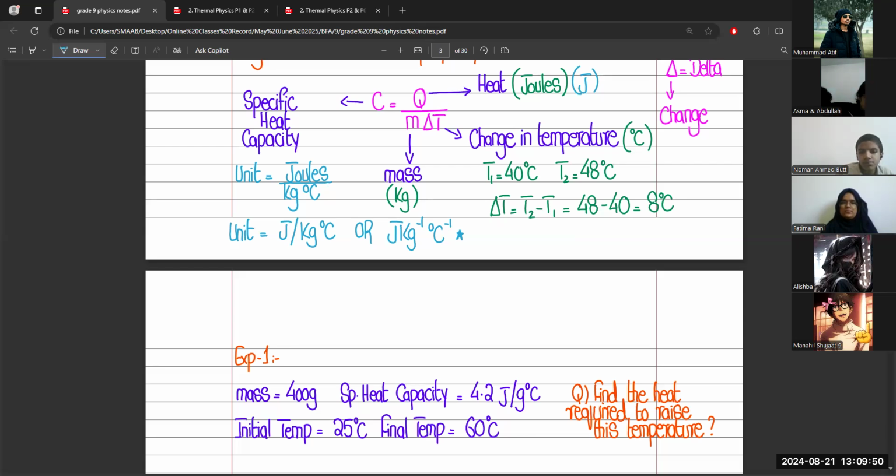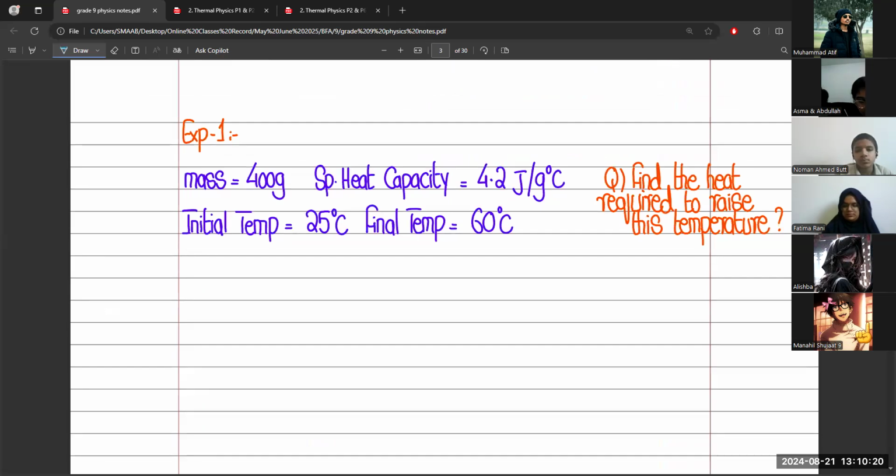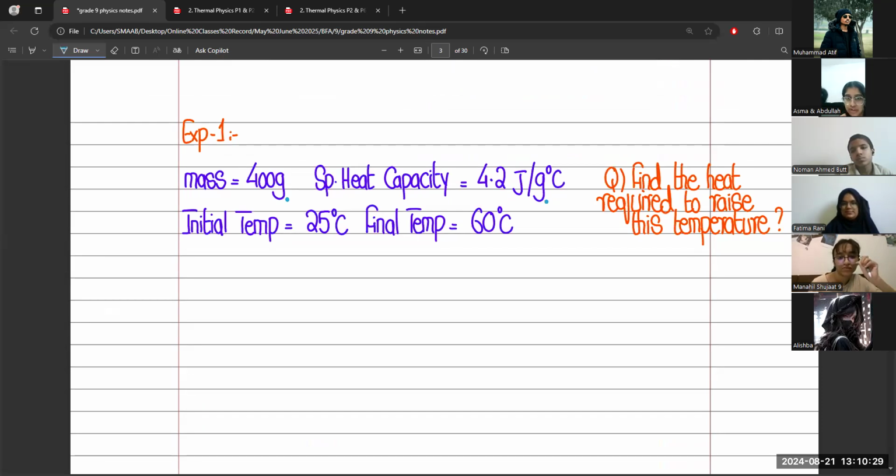Okay, maybe you got confused in one thing, that we used to write kg in our formula for mass, but in example one, mass is given in grams, right? So if the mass in your question is given in grams, and the unit of specific heat capacity is also in grams, this is gram, this is gram, you don't need to convert or get confused about why we are using gram in this.